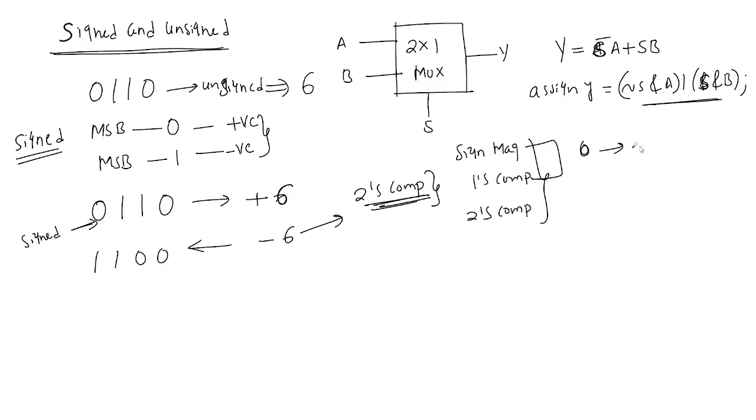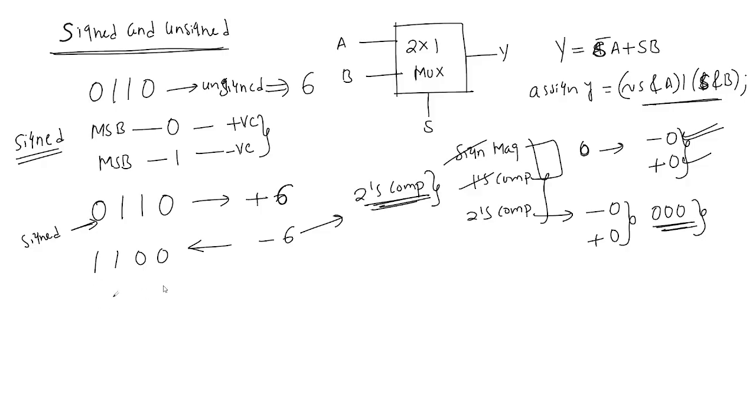In sign magnitude and 1's complement, zero has two representations: minus 0 and plus 0. In 2's complement, there is only one representation of 0, 0 0 0 0. If you represent in sign magnitude or 1's complement, the compiler or circuit hardware can't decide whether to store 0, minus 0, or plus 0. In 2's complement, only one representation is there.